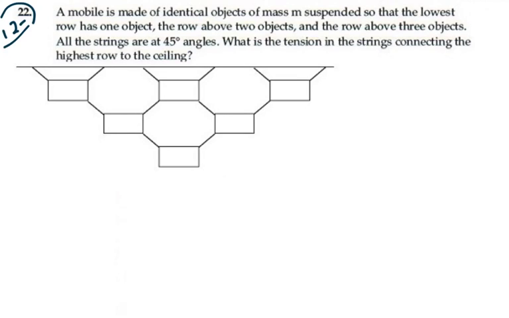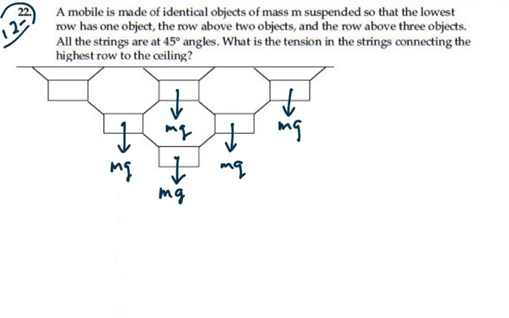So let's consider a free body diagram. We have mg here and mg here. All these masses are mg from their center of mass coming down, for these 6 masses here. And let's start marking these cords.